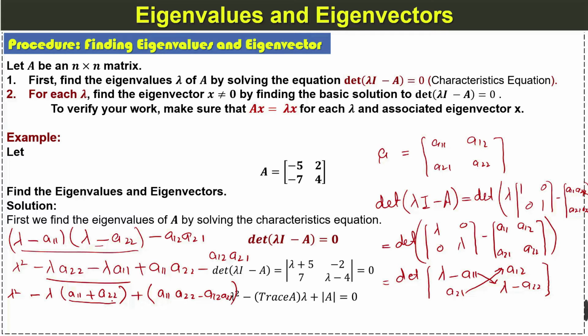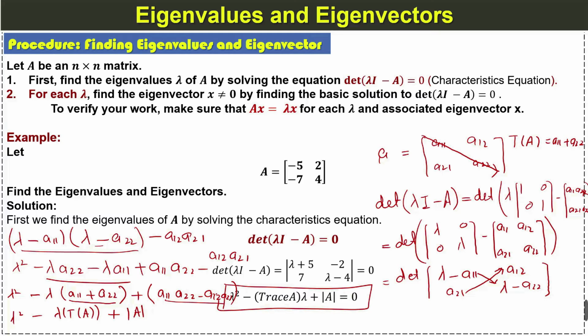We can see that A11 plus A22 is the trace of the matrix A, and trace is the sum of diagonal entries. This other part is the determinant of the matrix. So I can write it as lambda square minus trace of A times lambda plus the determinant of the matrix. This is how the characteristic equation comes.